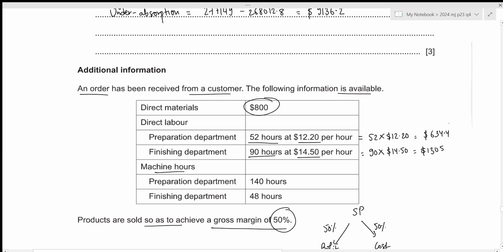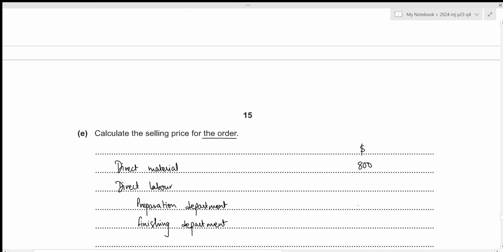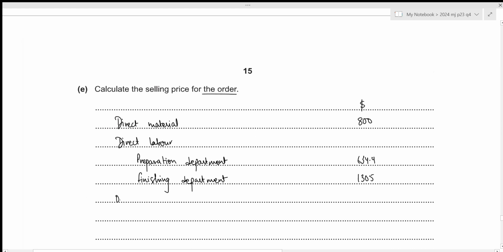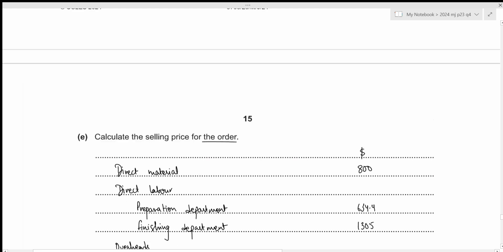So for preparation department, that will be 634.4, whereas for finishing department, that will be 1,305. Then we also need to include the overheads for both the preparation department and finishing department.